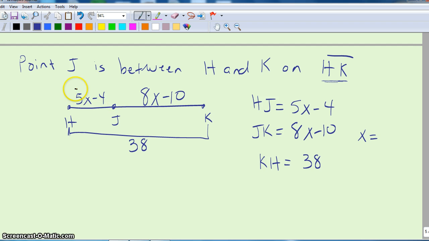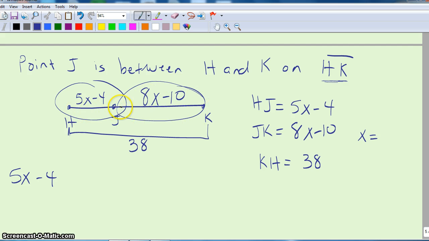If you have this piece here, 5x minus 4, and you, what are you going to do to this part, 8x minus 10, this piece? What do you do to both of these to get 38? Do you add or subtract them? You add them. So you're going to add the 8x minus 10, and that gives you all of it, and the whole piece is 38.